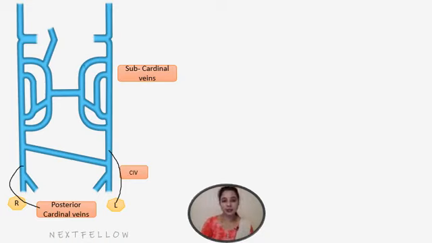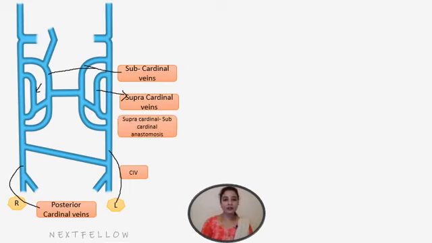The first veins which form here are the subcardinal veins. This is also a subcardinal vein. Supracardinal veins develop between the subcardinal and posterior cardinal veins, inside. Here you can see this is a supracardinal vein.